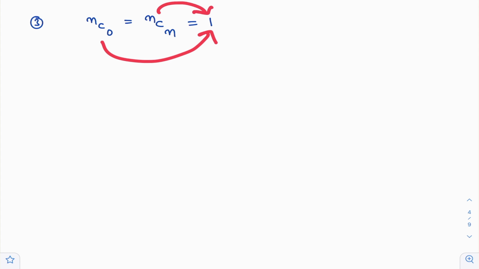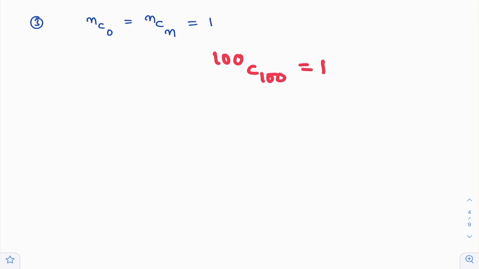From now onwards, wherever you see 100C0, what is the answer? 1. Not only that, 100C100 is also 1. 7C7 is 1. 1000C0 is 1. All those things we get from this: nC0 is the same as nCn, both equal to 1.